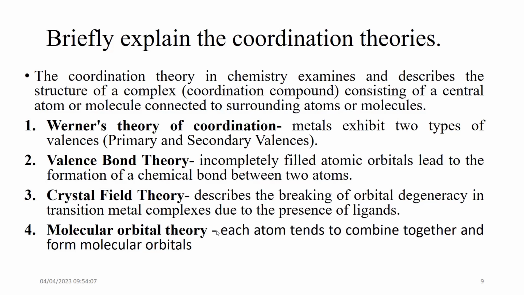What appears in crystal field theory is that when a ligand approaches the metal ion, its d orbitals split and lose their degeneracy. So one will have a particular energy level and another will have another energy level.